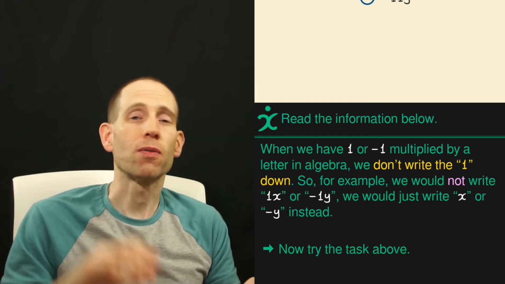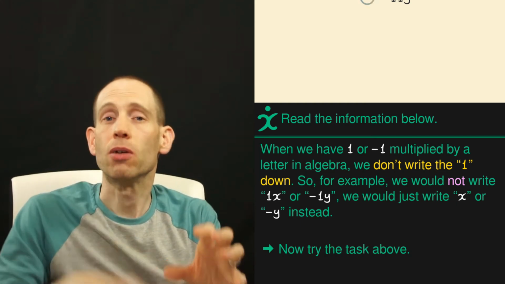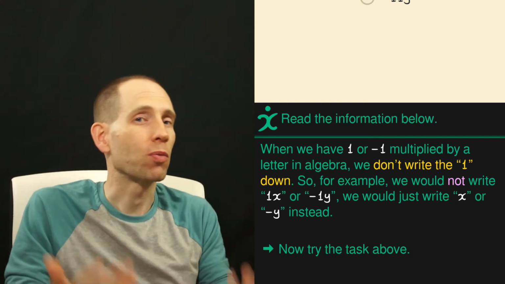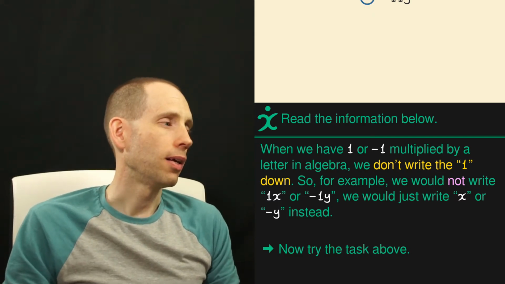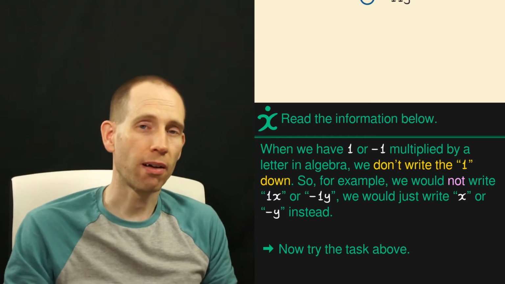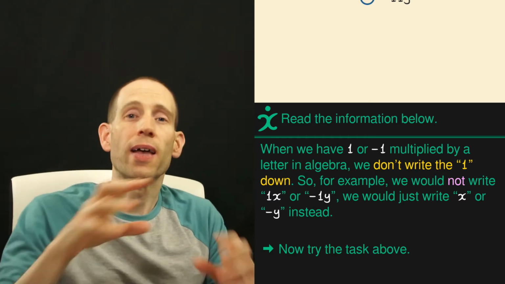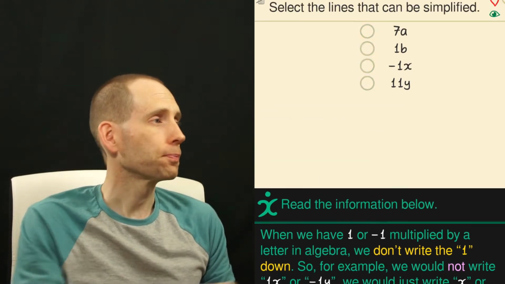We use that same idea. If I've got 1 multiplied by x, that's just going to be x, so we don't write the 1 down. Or if I've got 1 multiplied by y, that's just y, so we don't write the 1 down. And similarly with -1, if you times something by -1, you just change the sign on it. And so we just write that thing down with a different sign without actually writing down the 1.